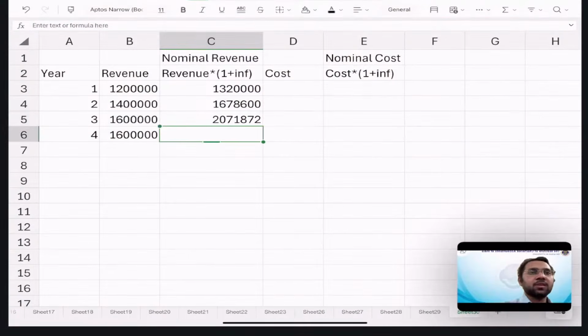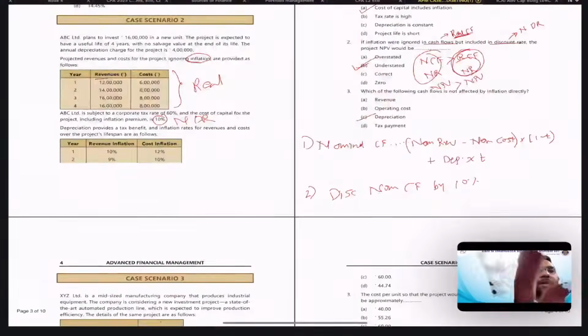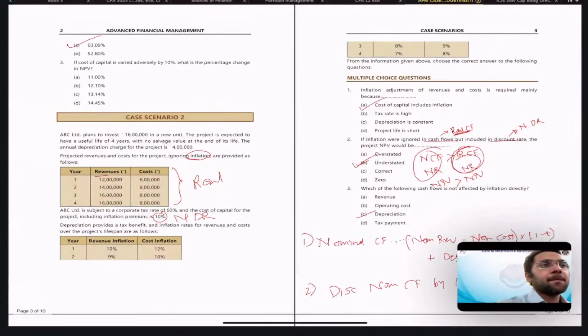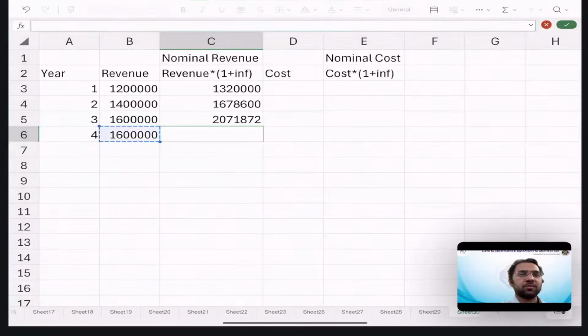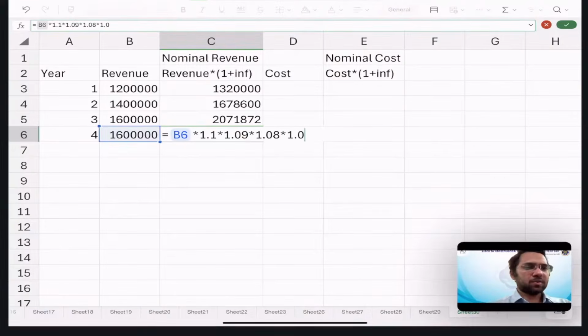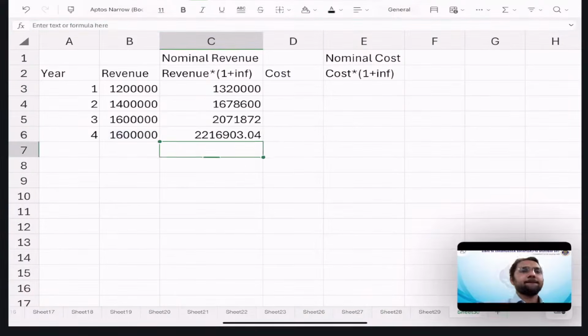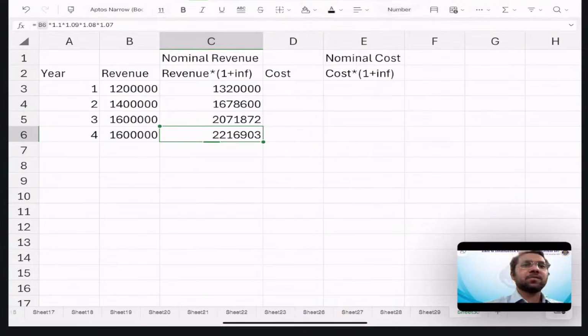This is your inflation. And then we have the 7% number also. It's going to be 16 lakh into 1.1 into 1.09 into 1.08 into 1.07. These are the nominal revenue numbers.